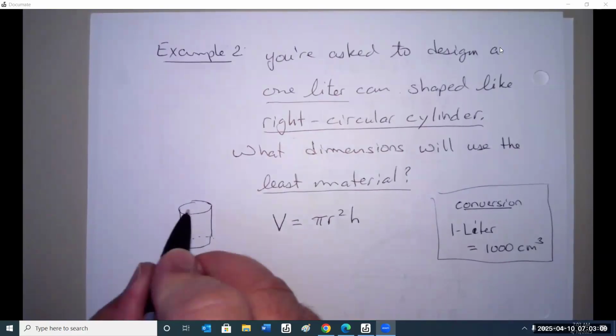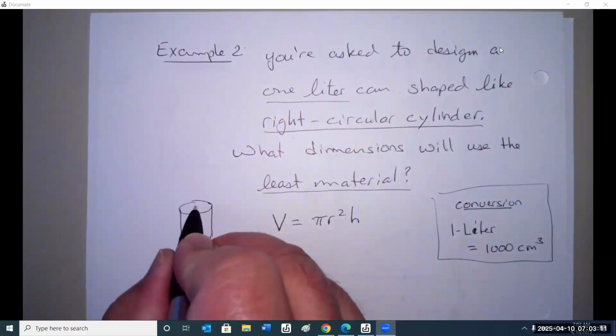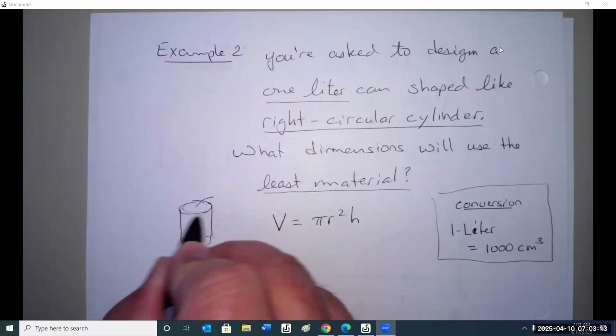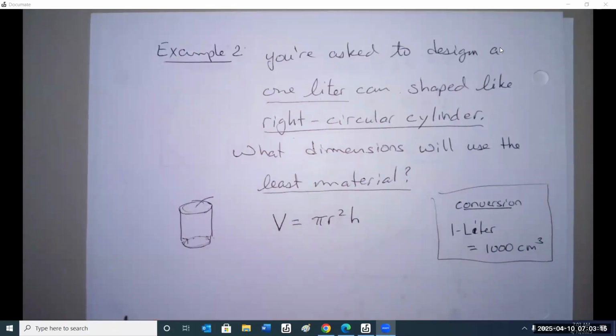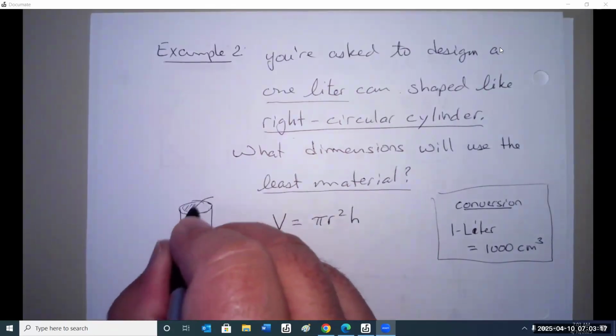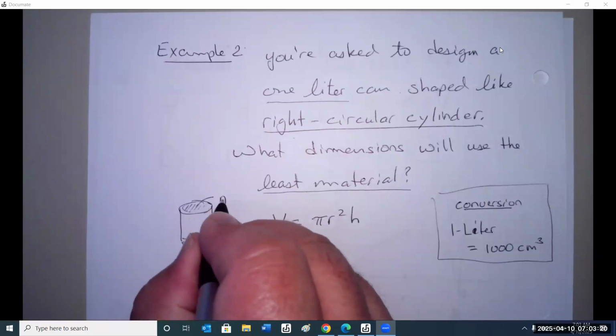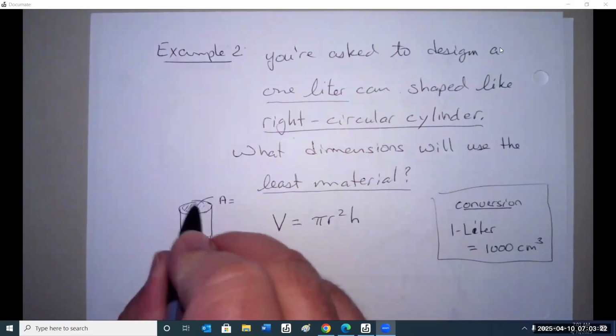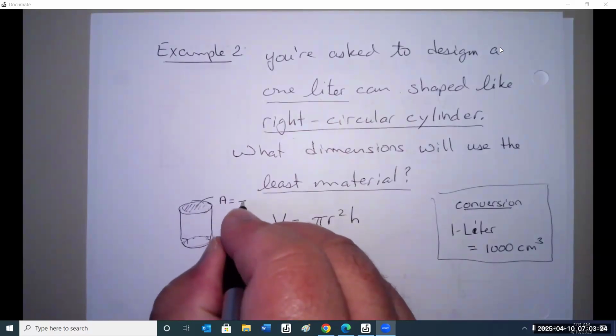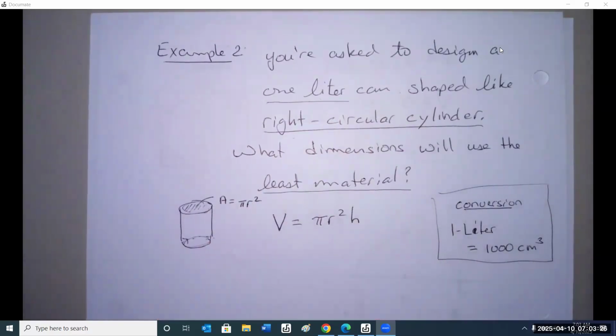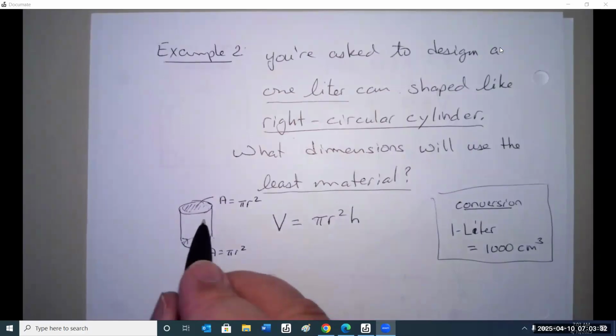Now, what material do we have here? We have the top part of the can and the bottom part of the can. So that's the material there. That's the area of it. The area of a circle is pi r squared. So the area of the bottom is pi r squared. And then we have the height.